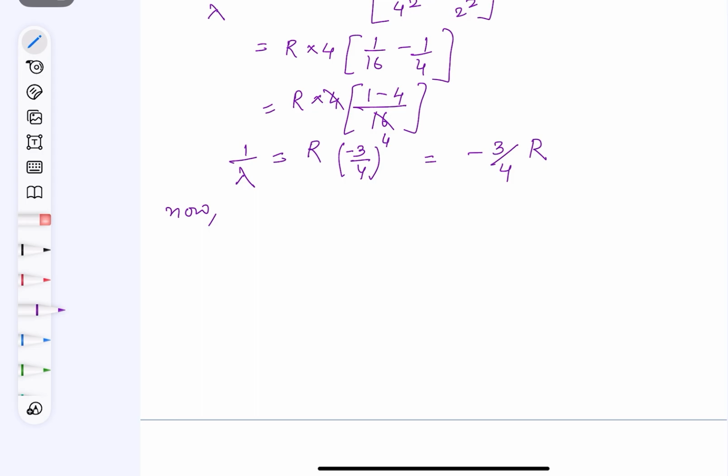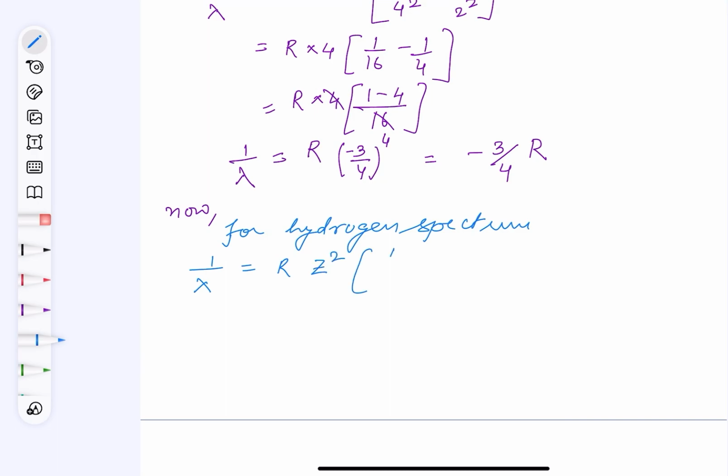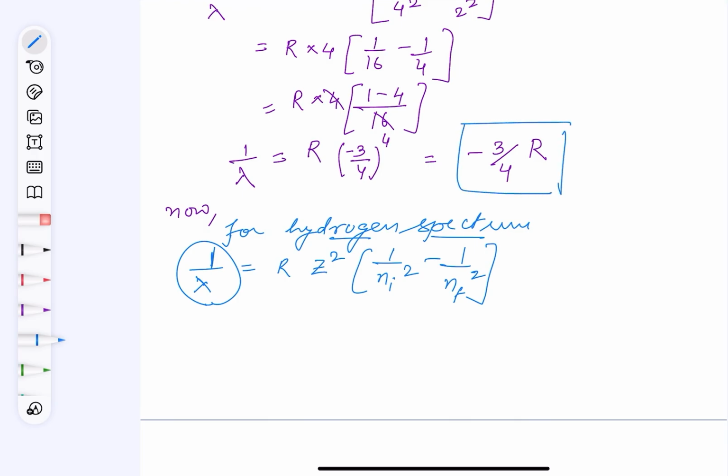So for the hydrogen spectrum, the formula remains the same: 1 by lambda is equal to R Z square, 1 by n initial square minus 1 divided by n final square. Now here for hydrogen we need to find that this value of 1 by lambda has to be the same as minus 3 by 4 R.